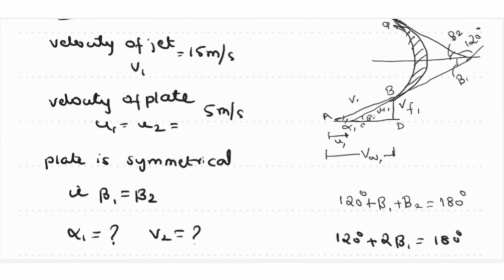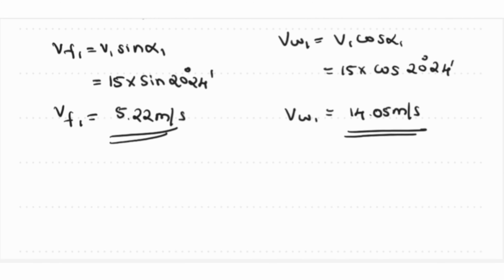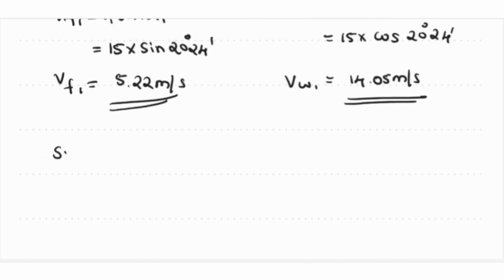Now we should calculate what is VR1. So VR1 is this one. You can calculate it by applying sine to the triangle BCD. So sine of beta 1 is equal to opposite side VF1 divided by hypotenuse VR1.